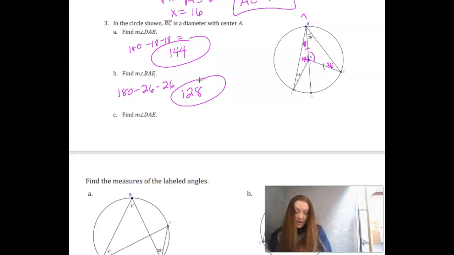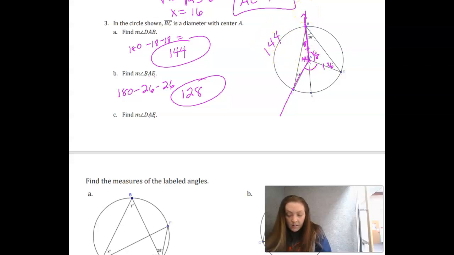All right, find the measure of angle DAE. So what was it? 128. Okay, so DAE, so D to A to E. So we're looking at this angle right there. So what we need to do is find, if we knew that's a central angle, so if we knew this arc, then we'd be able to find it. Well, we do. So if I look at this arc, it is across from 144, so there we go.